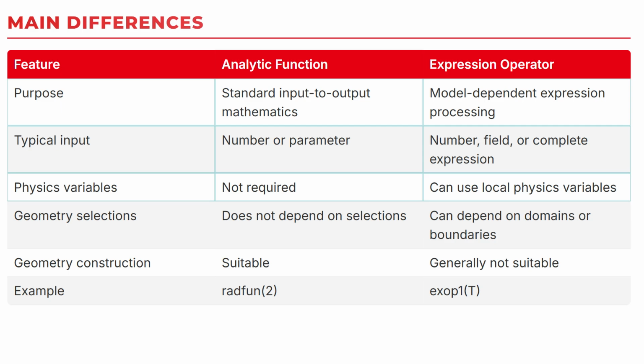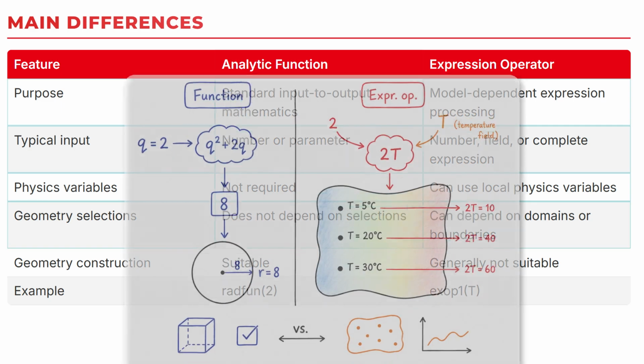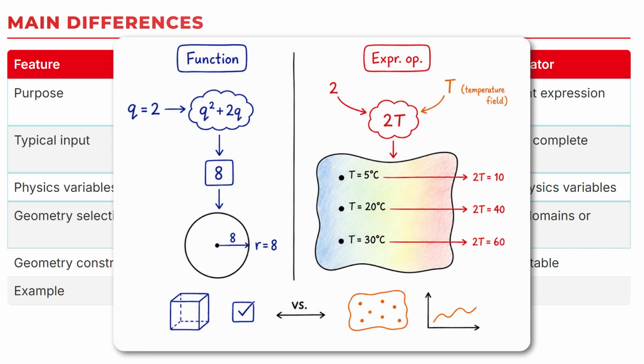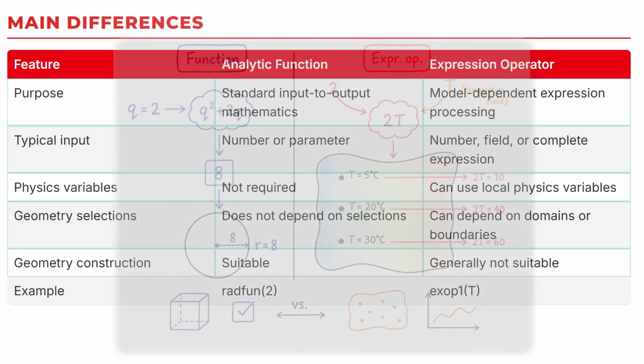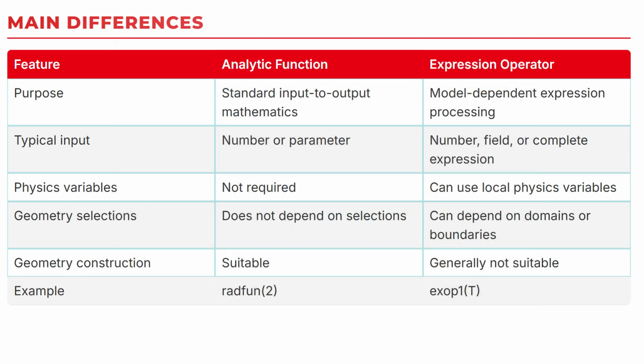We don't need physics variables in an analytic function, but an expression operator can use local physics variables. Similarly, an analytic function ideally does not depend on the geometry selection, but an expression operator can depend on domains or boundaries. For geometry construction, analytic functions are generally suitable because they are evaluated first. For an expression operator, it is generally not suitable.